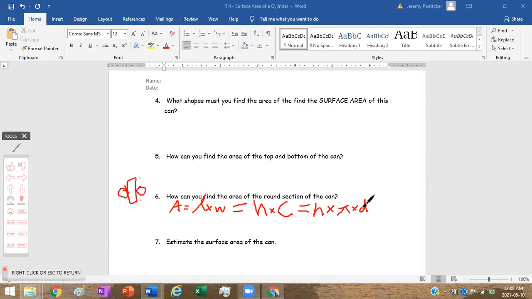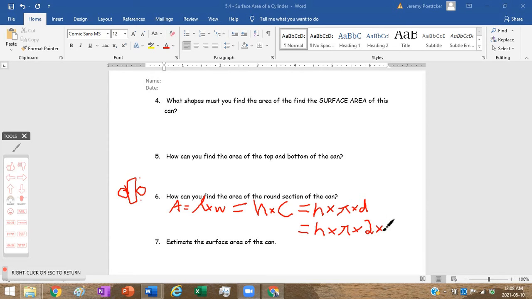Or if instead of d we want to have 2 times the radius, height times pi times 2 times r.